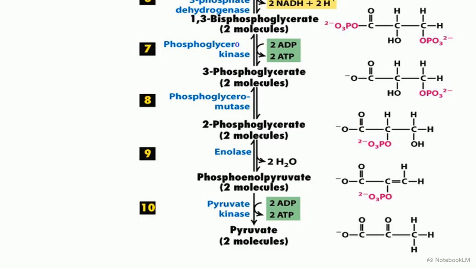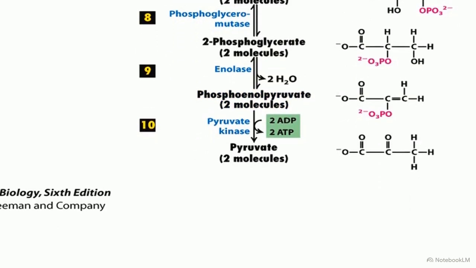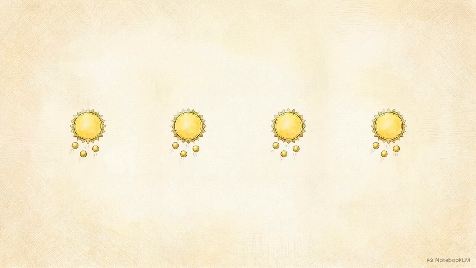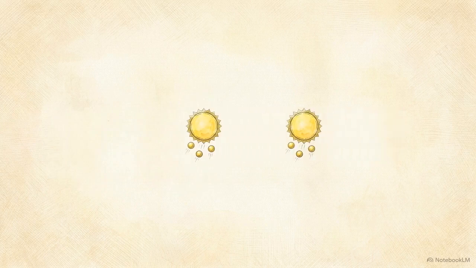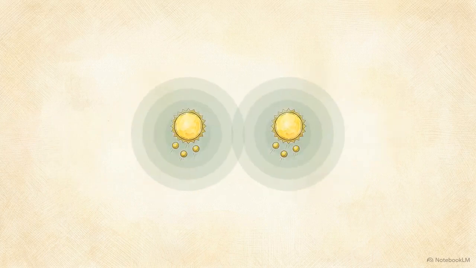Steps 8 and 9 involve internal rearrangements and the removal of water to create a high-energy compound called phosphoenol pyruvate. In the final step, step 10, the enzyme pyruvate kinase harvests the remaining phosphate groups to generate more ATP. The final tally for the payoff phase is 4 ATP. After accounting for the 2 ATP spent in the investment phase, the cell is left with a net gain of 2 ATP per glucose.